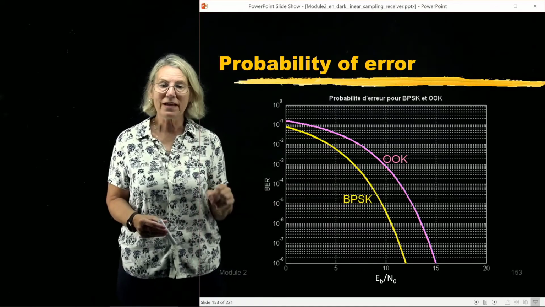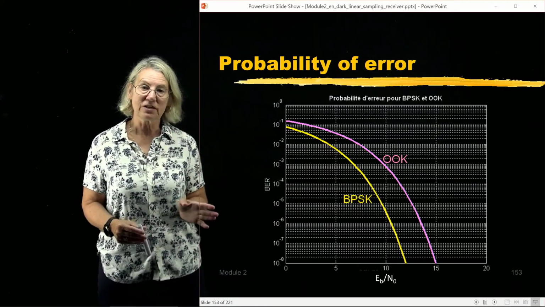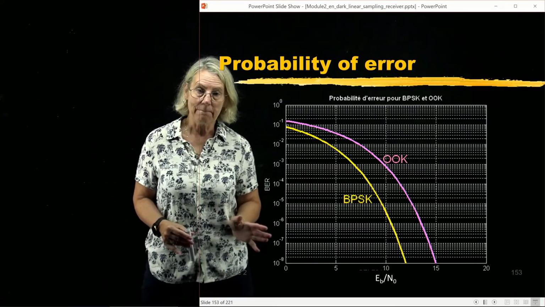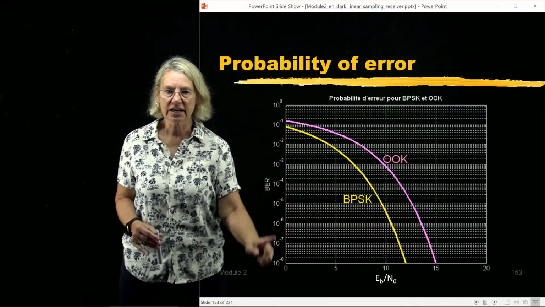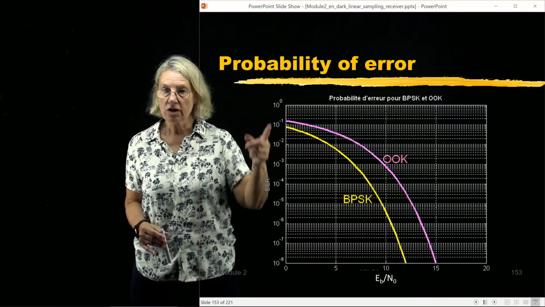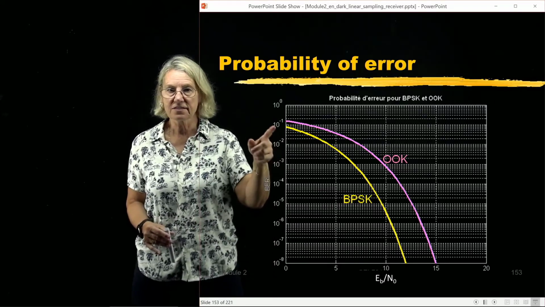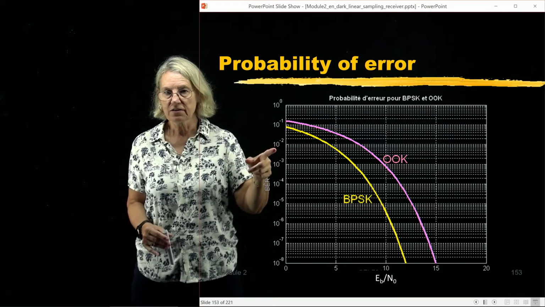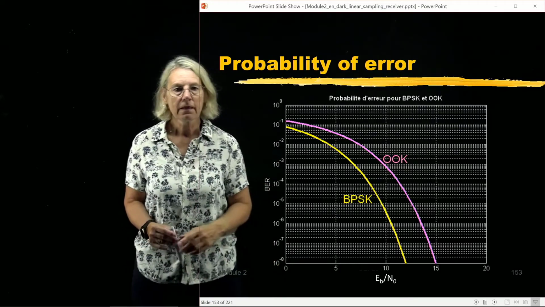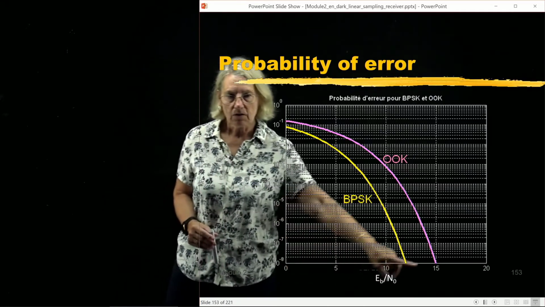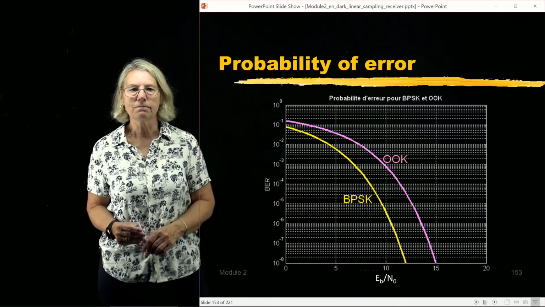As EB over N0 gets stronger, we have a better and better signal to noise ratio, so of course the bit error rate is going to get lower and lower. This is a logarithmic scale, so we can see 10%, 1 in 100 errors, 1 in 1,000 errors, 1 in 10,000 errors, etc. And the EB over N0 is also given in dB.